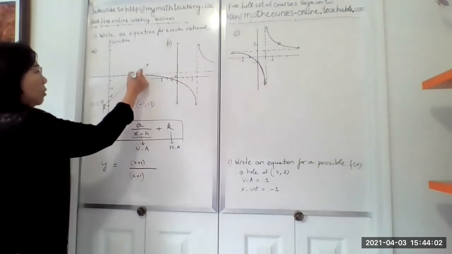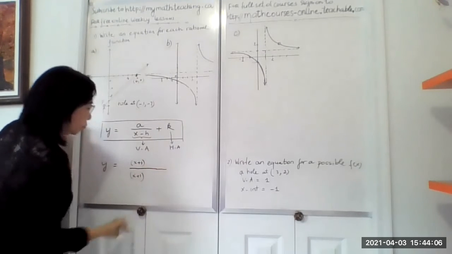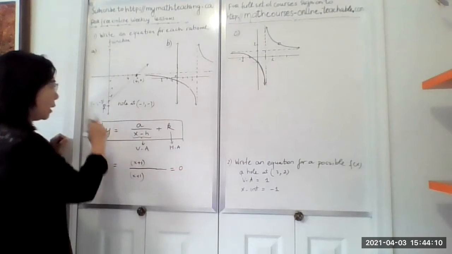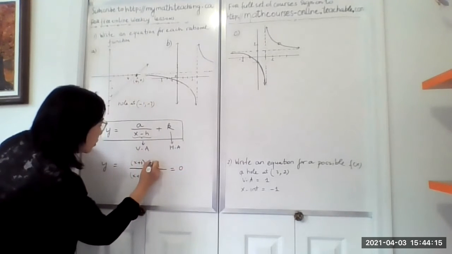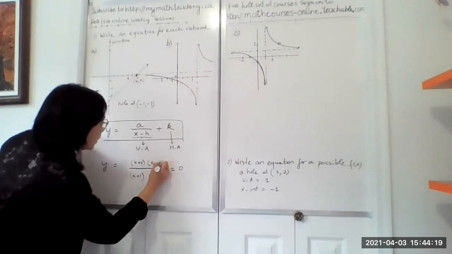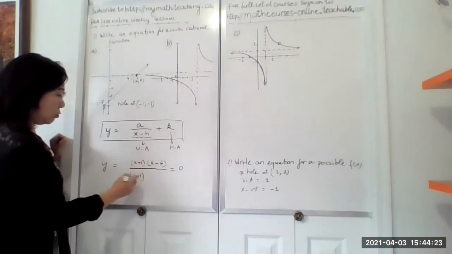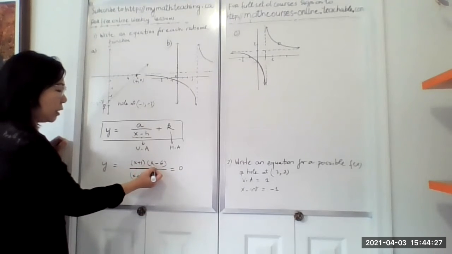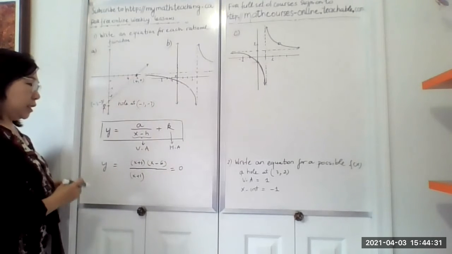Second, we're going to look at the x-intercept, and we know that if we set y equal 0, we have an x-intercept at 6. So it means on the top, we have to have an x minus 6, so that when we cancel this out, we are left with the x-intercept equal 6. It's right here.